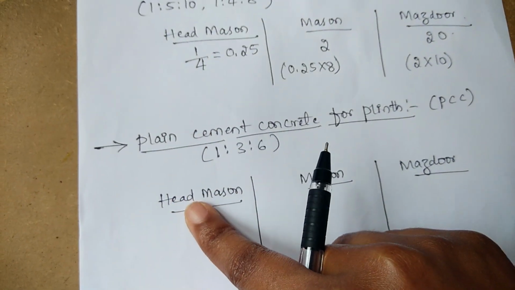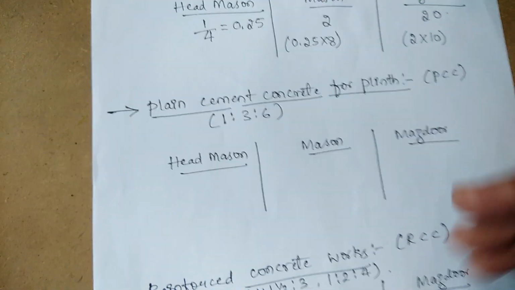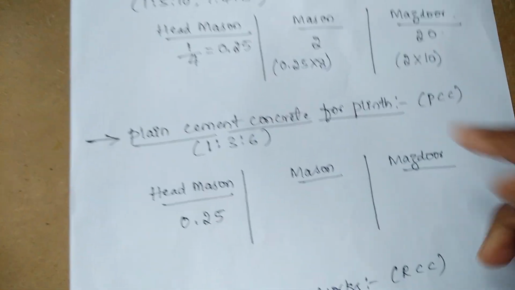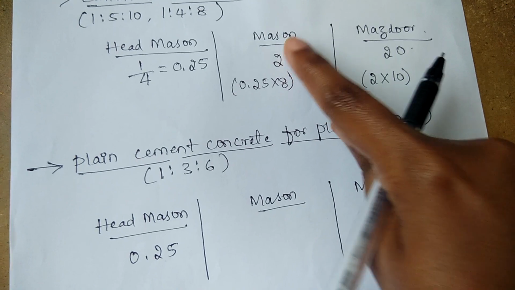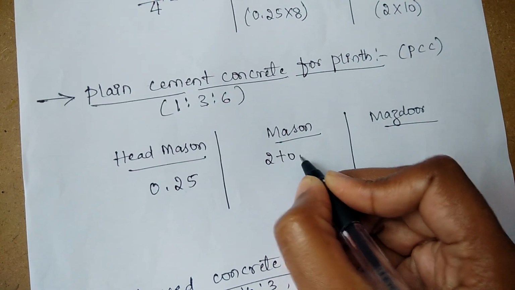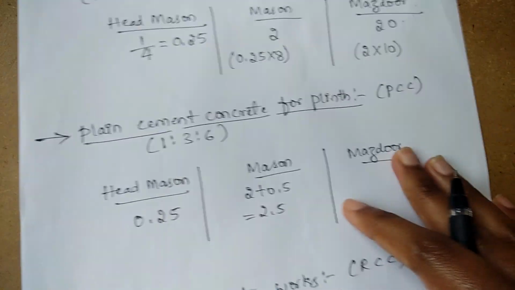Now for the first labor quantity, that is head mason, I will be keeping the quantity as same, that will be 0.25. Next, for the mason, I will add 0.5 extra with this. 2 plus 0.5 I will write. So that gives me 2.5 numbers mason.